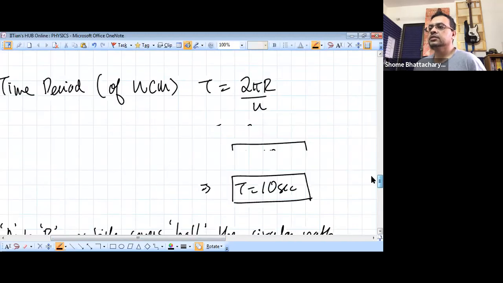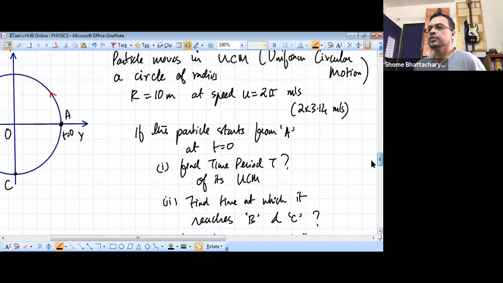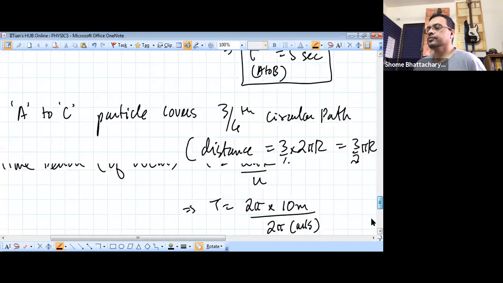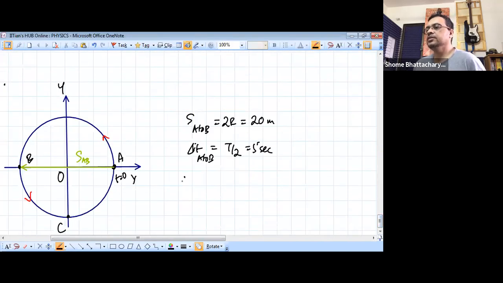And the radius of the circular track was 10 meters. So the average velocity from A to B will be the displacement from A to B divided by the time interval.